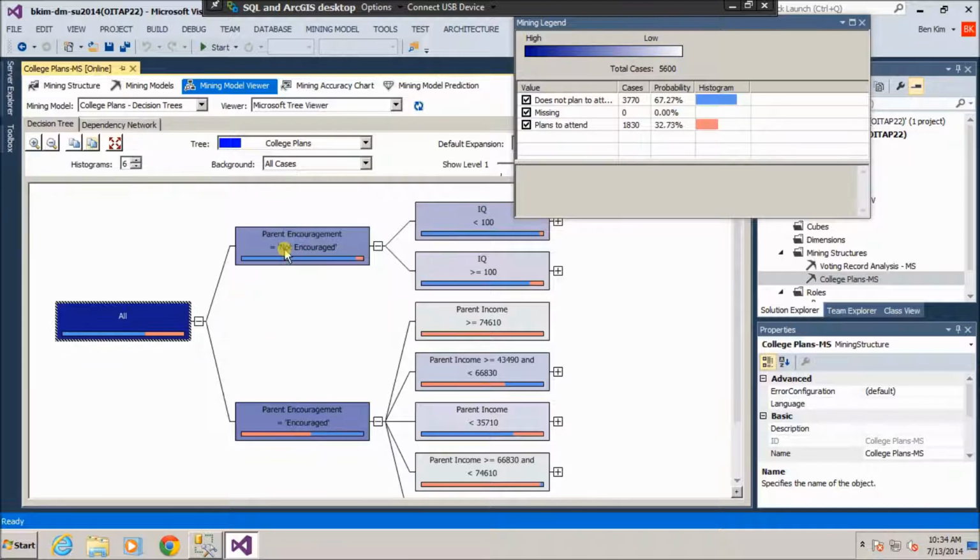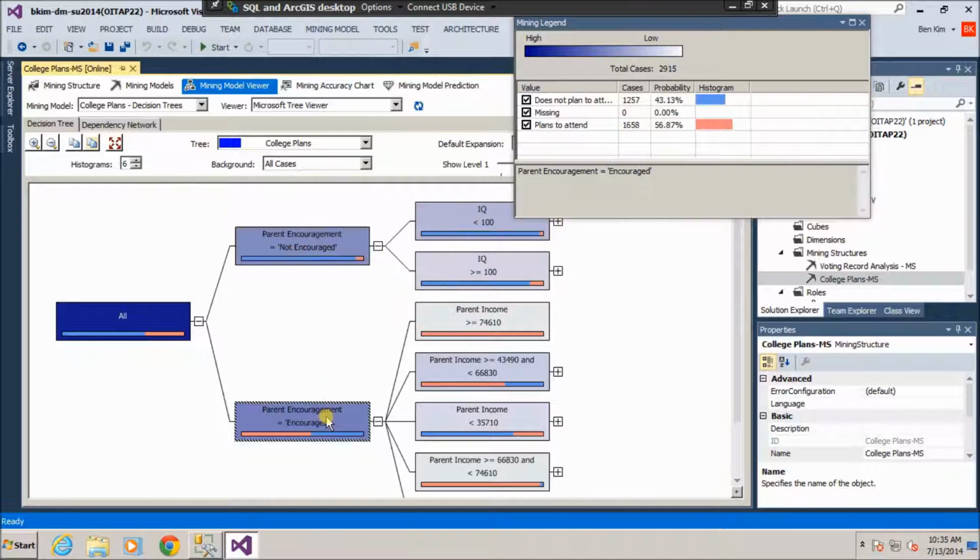First, they chose parent encouragement as the most important factor, meaning information gain is the highest for parent encouragement. So let's take a look. In this case, when parent encouragement is not there, 93% of those people do not go to college, and about 6.49% plan to go to college.